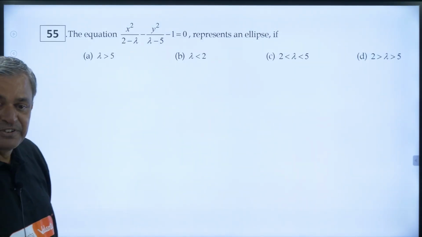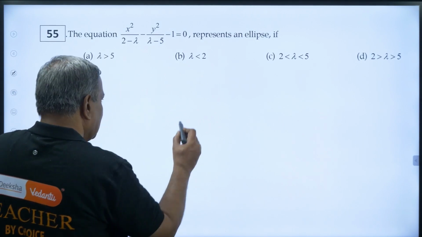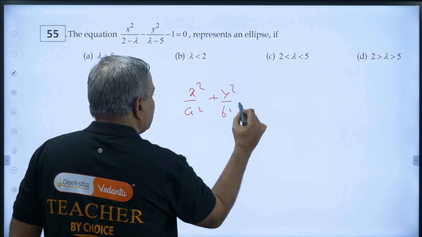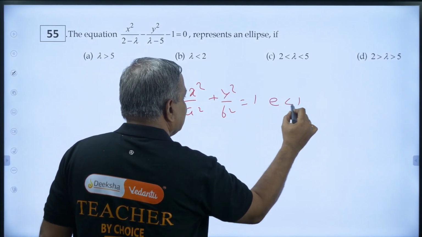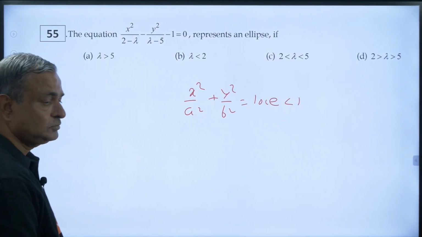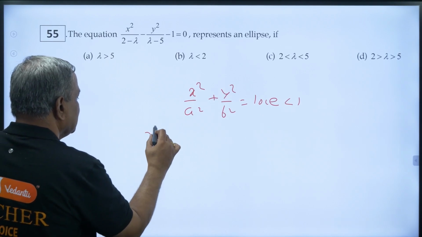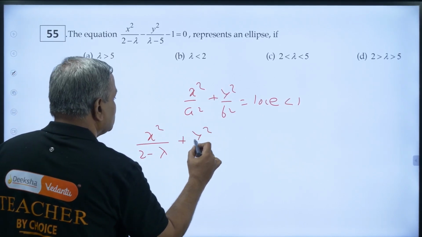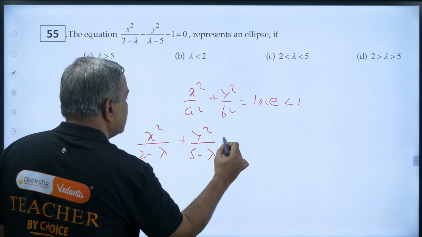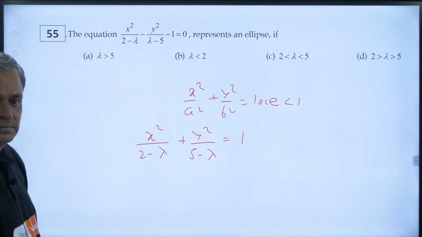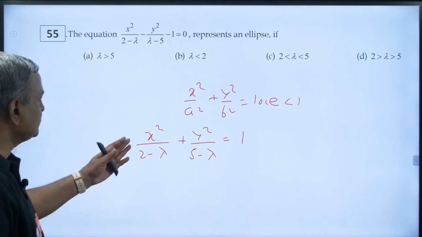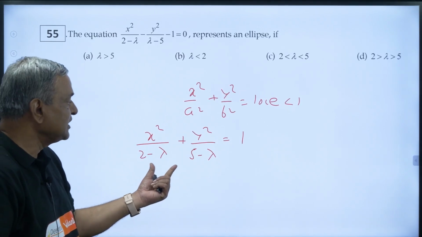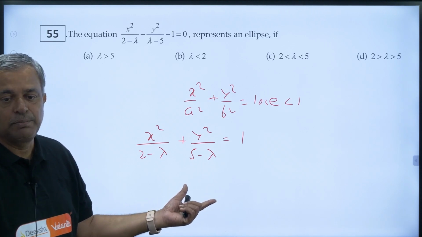The equation represents an ellipse. When we represent an ellipse, x square upon a square plus y square upon b square is equal to 1. Eccentricity is less than 1, more than 0. So this can be written as x square by 2 minus lambda plus y square by 5 minus lambda is equal to 1. Clear? So this is the value of a square and this is the value of b square. Both are positive.